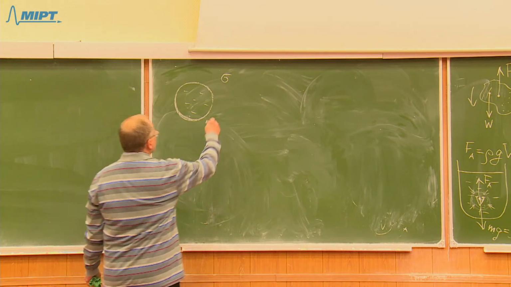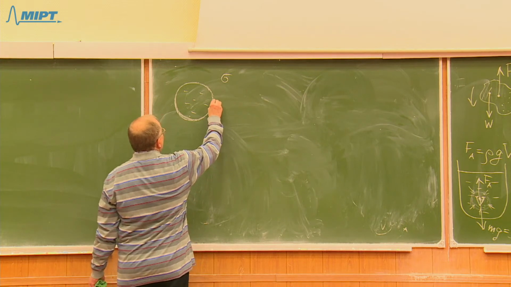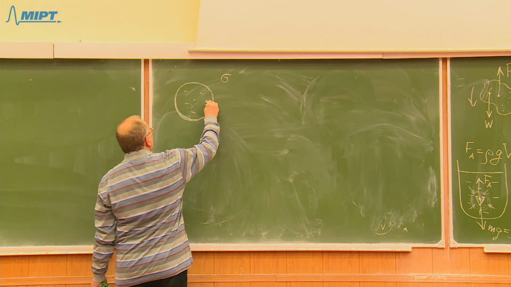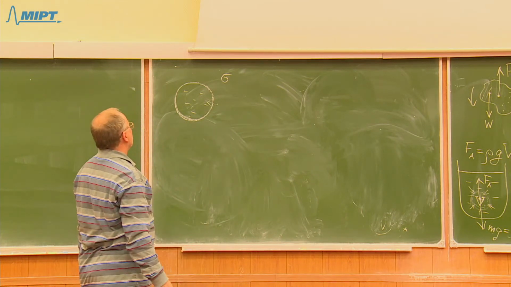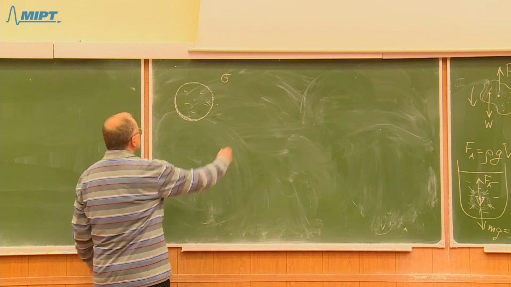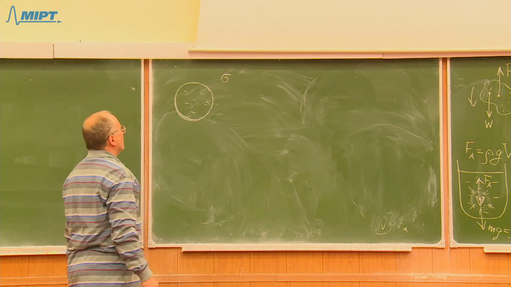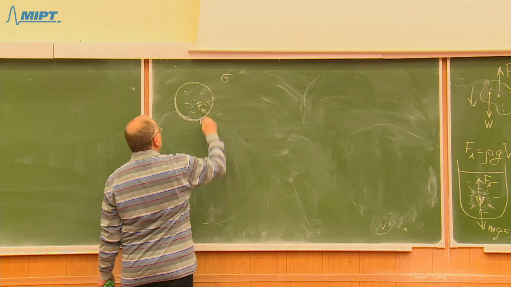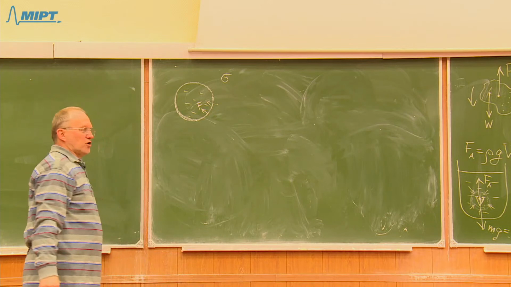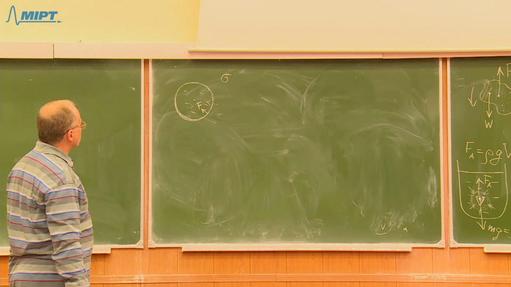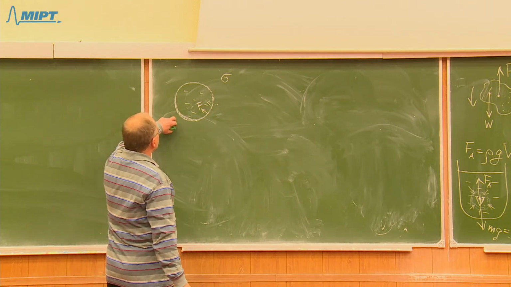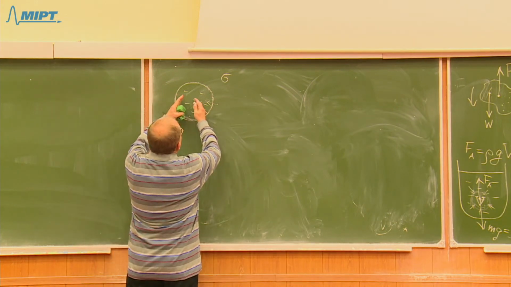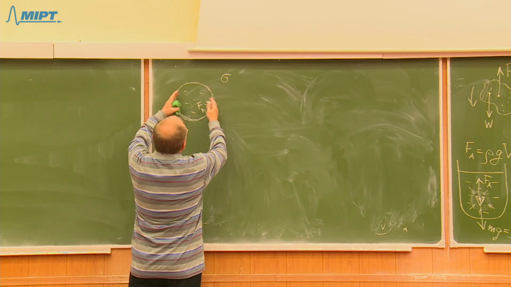And if a molecule of water appears to be close to the surface, then it will be pulled inside the droplet, and it will stick to the droplet and become part of it, because there is a force acting on each molecule and directed inside the droplet of this water.